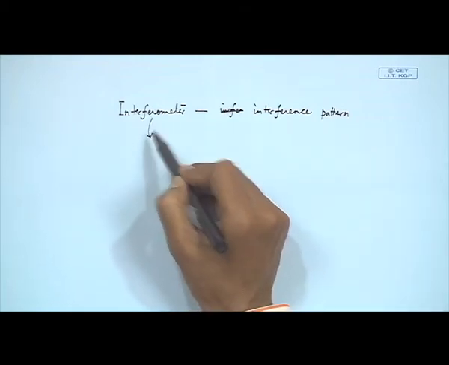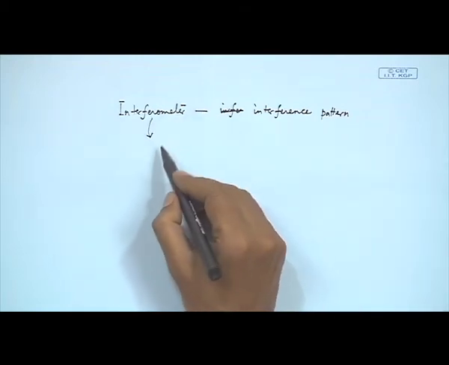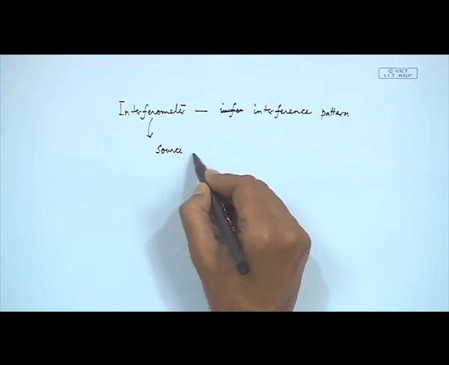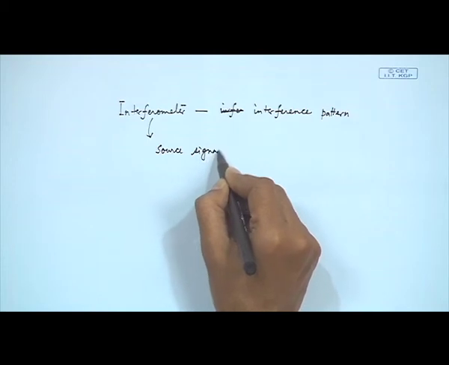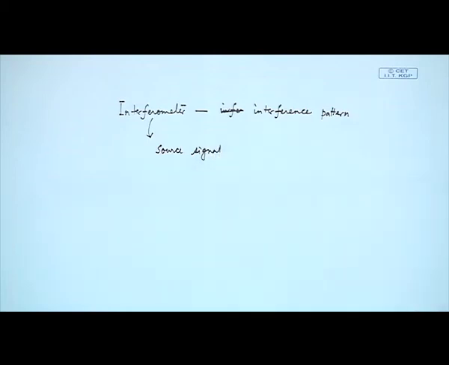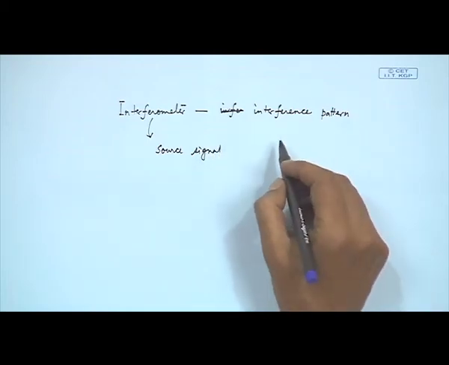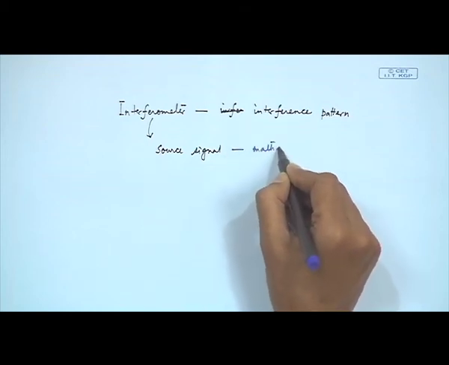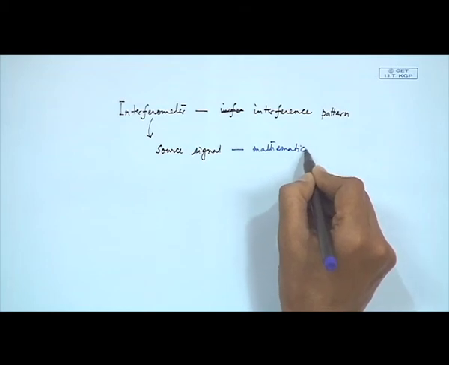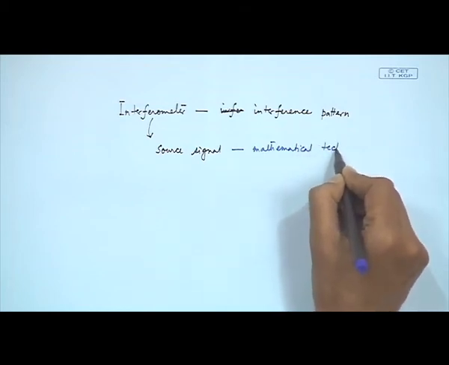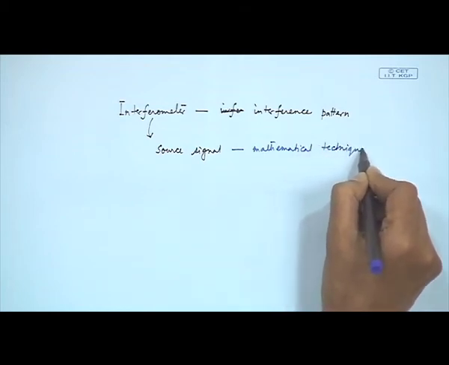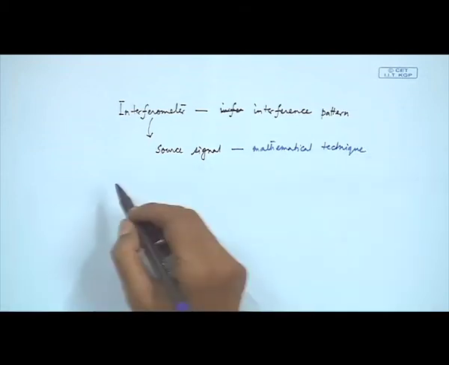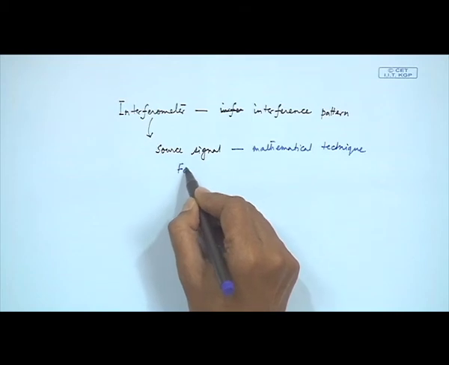What this interferometer is doing is modulating the source signal. So, you have the source signal and that source signal is modulated, and we use a mathematical technique known as the Fourier transformation.